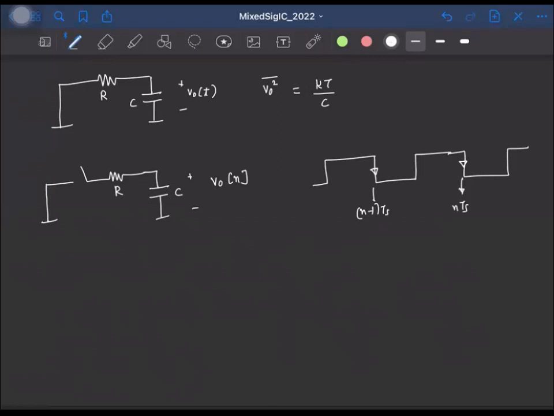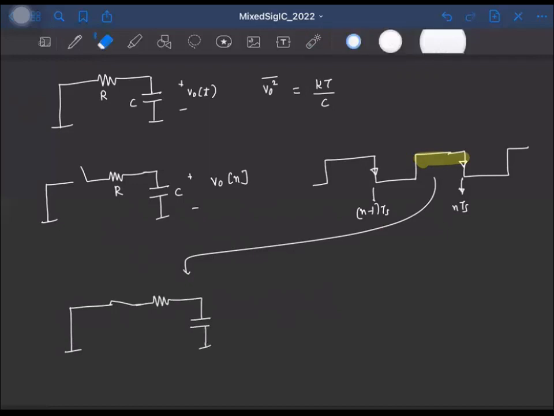Okay, so during this phase, the switch is turned on. So the equivalent circuit will look something like this. The switch is on. I have R, I have C. Again, I'll replace the noisy resistor by a noiseless resistor in series with the voltage source Vn.